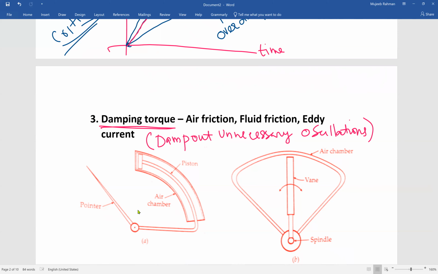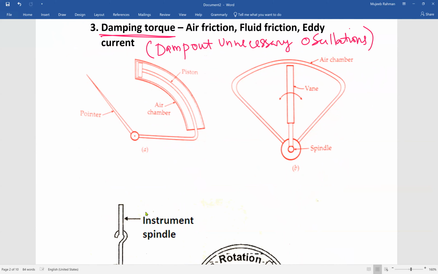So there are different mechanisms available. One of the inexpensive methods is called the air friction damping system, where this is the control, this is the calibrated scale, and we have the pointer here. Suppose this is the final steady state position. The pointer starts oscillating in this particular range.